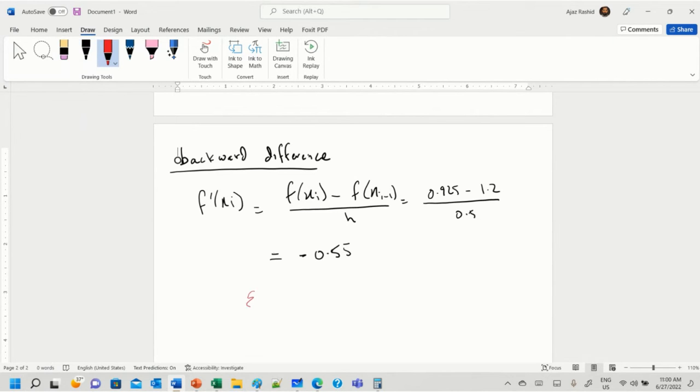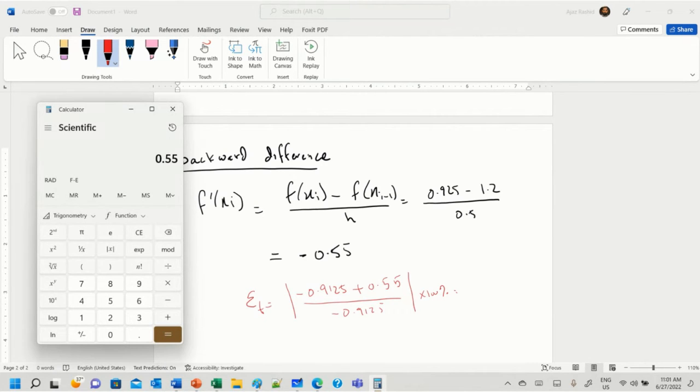And I can find the error as the true value, minus and minus becomes plus, absolute value.